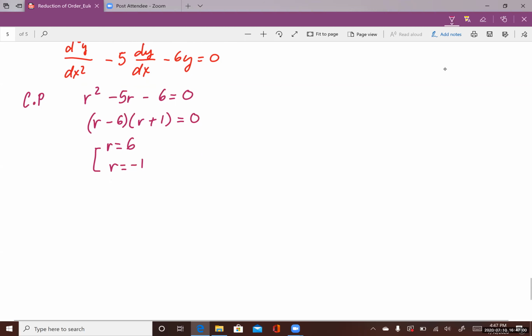And then from the previous lecture, I know that my solution will be y equals c1 e to the rt, which is 6t, plus c2 e to the negative t.